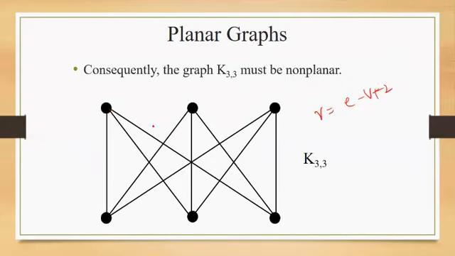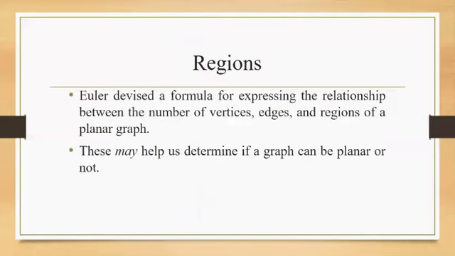For each vertex, I have 3 edges, so the total number of edges is 9. Then 9 minus 6 vertices plus 2, that is 11 minus 6. It is saying that we have got 5 regions. But is it possible? We have seen all the different ways and we see that K33 is not planar.